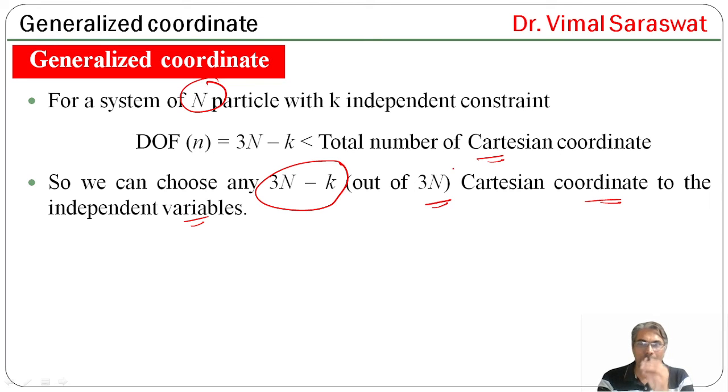So we can easily choose any 3n minus k Cartesian coordinates as the independent variables out of 3n.